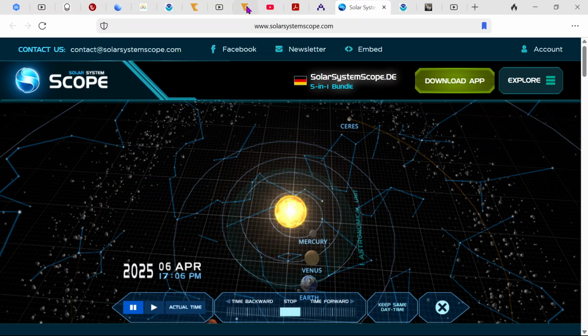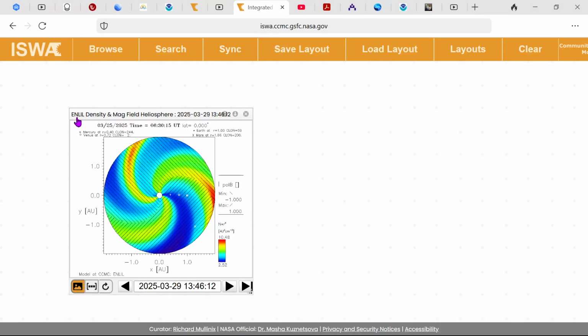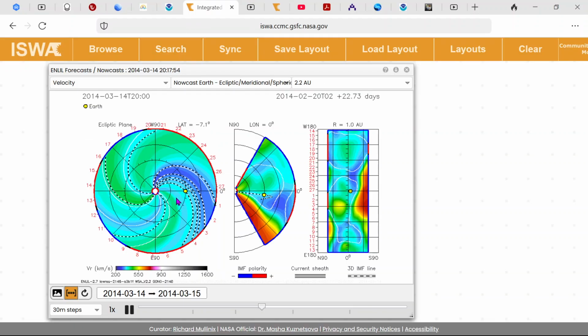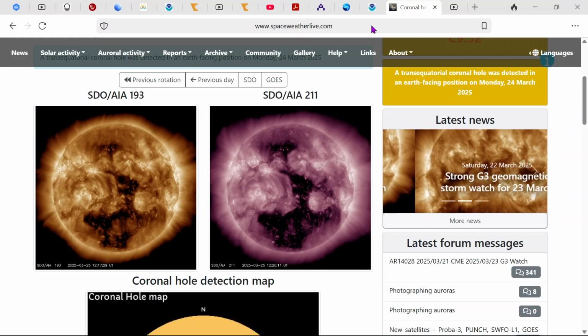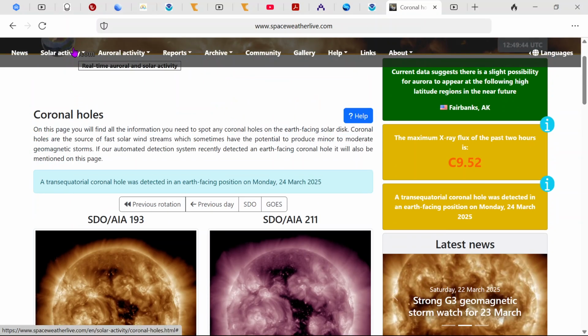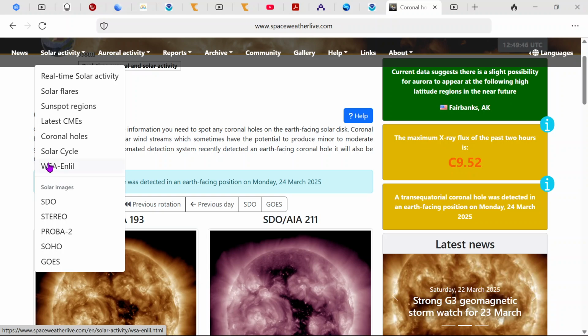But this is an ENLIL density. Here we don't even have the interplanetary magnetic field lines, but we have the density. But why are there no planets here? Let's just take a look at this. Do we have here WSA and ENLIL?